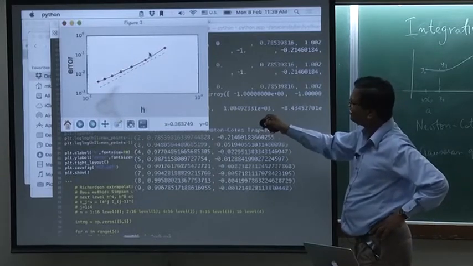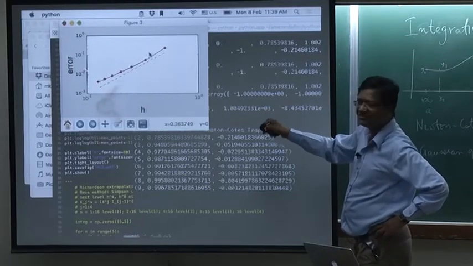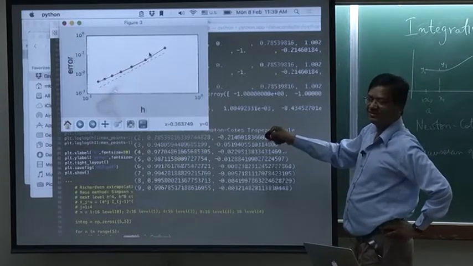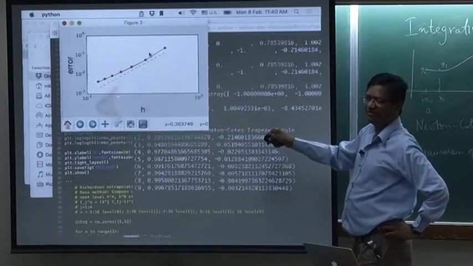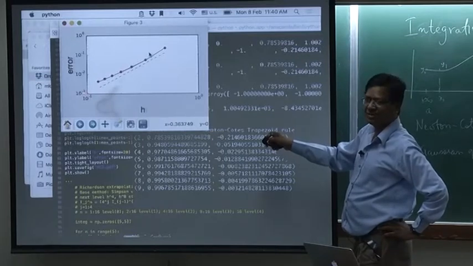What is this value? You see the ticks? So what is the value, tell me? This value on the y-axis is how much? 0.001.